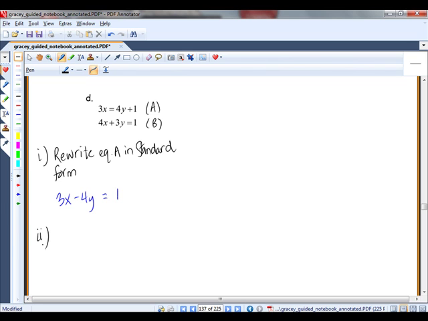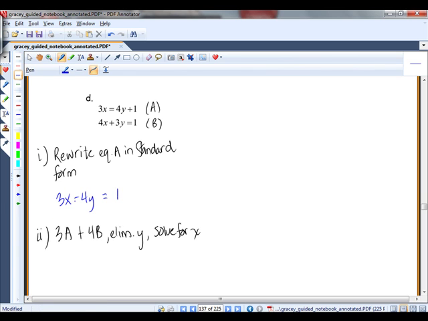So why don't we go ahead and eliminate the y's again, because we already have opposing signs on the y's. If we multiply equation A by 3 and add 4 times equation B, we can eliminate y, and this will let us solve for x.